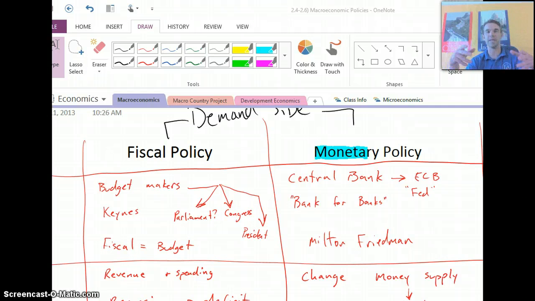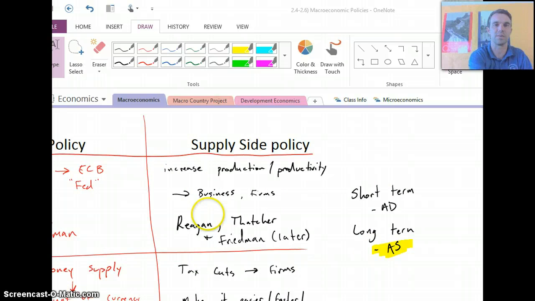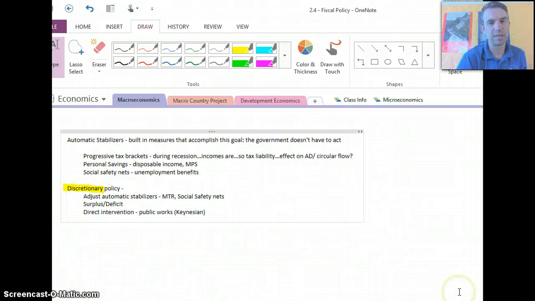It was just to get money into the hands of the people. Okay? So if there's no long-term supply growth goal, it's a demand-side policy. Okay? Otherwise, if there is, well then of course it's going to be a supply-side policy. So then the trick is to just figure out which one's going on.